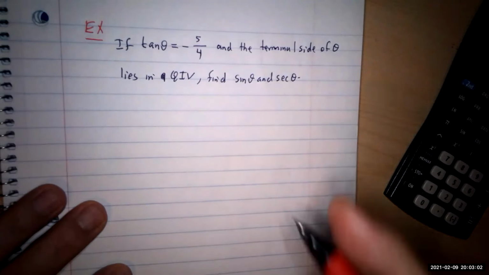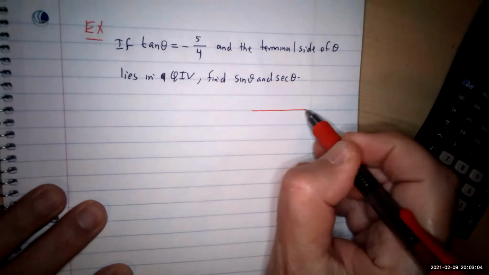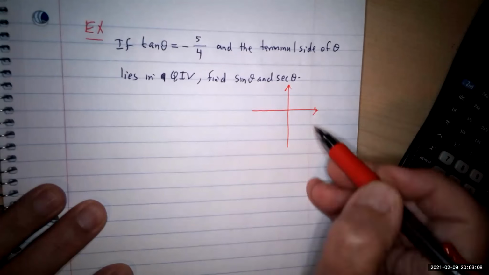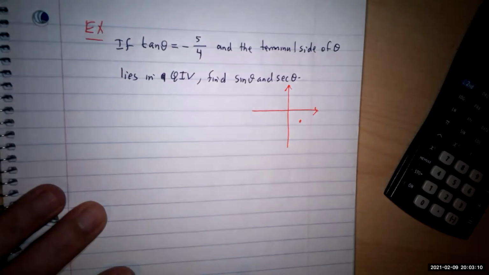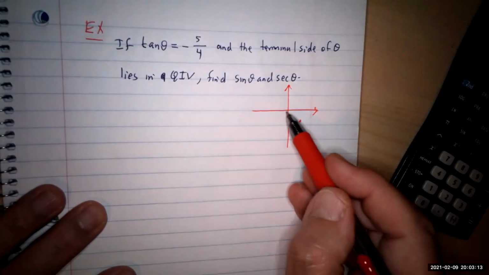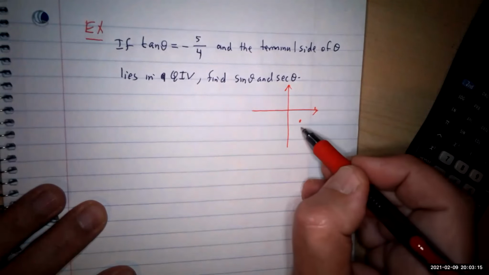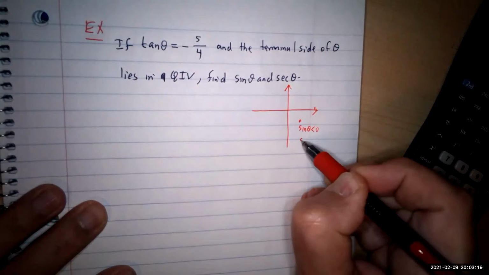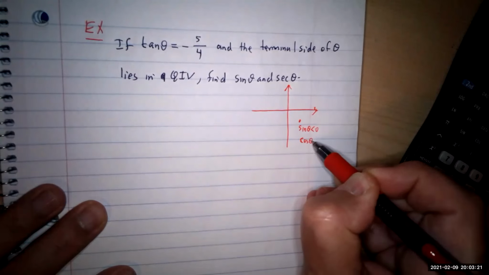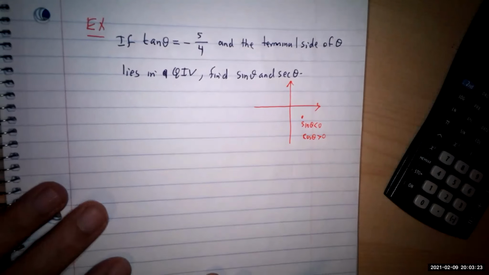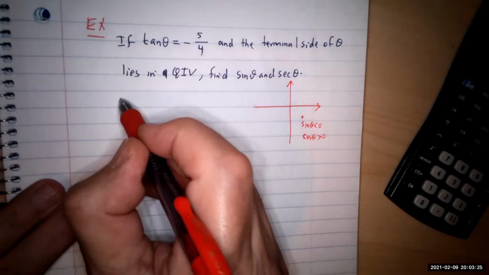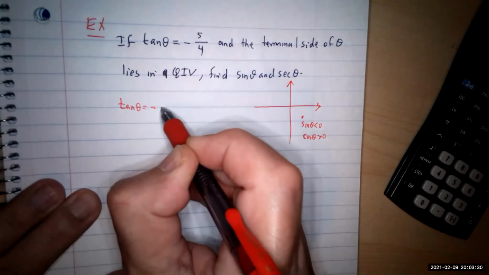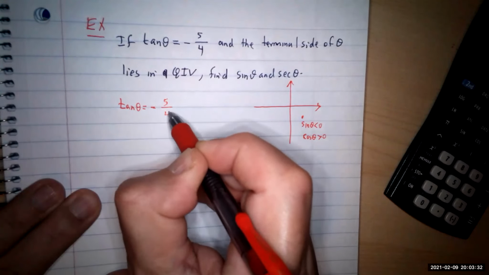Okay, so there you are. You are in the 4th quadrant, you are here. So when you are here, you know that the cosine is positive, sine is negative. You see this is a tangent, which is going to be -5/4.